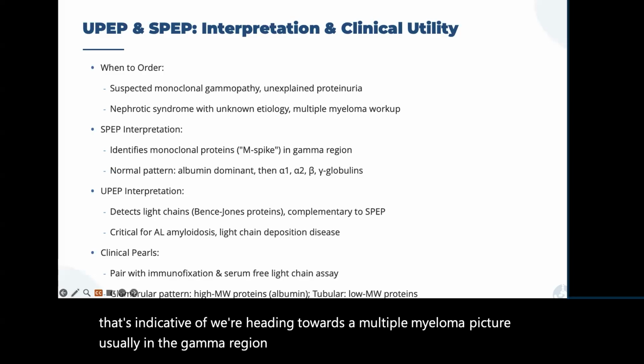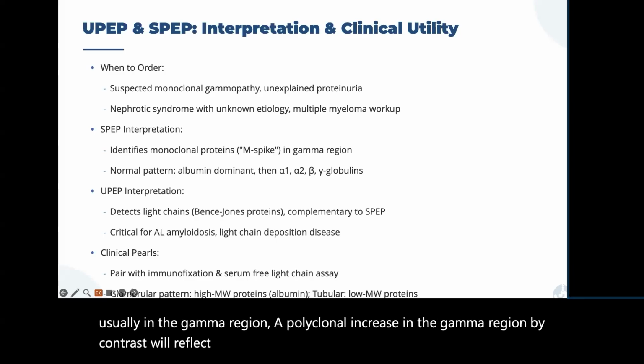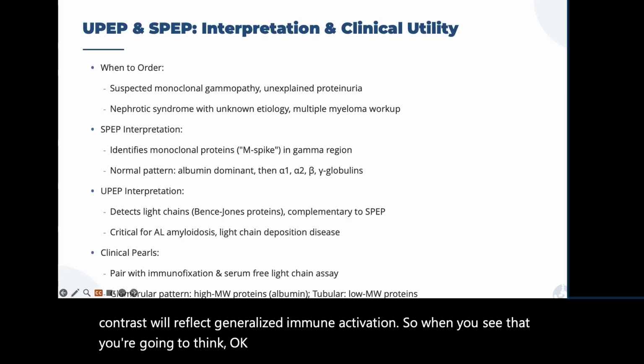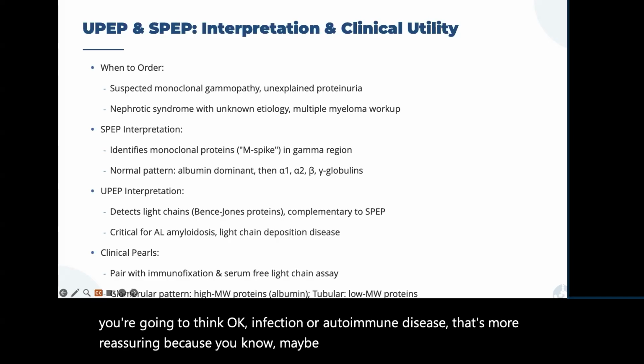A polyclonal increase in the gamma region, by contrast, will reflect generalized immune activation. So when you see that, you're going to think, okay, infection or autoimmune disease. That's more reassuring because it may be treatable and reversible.